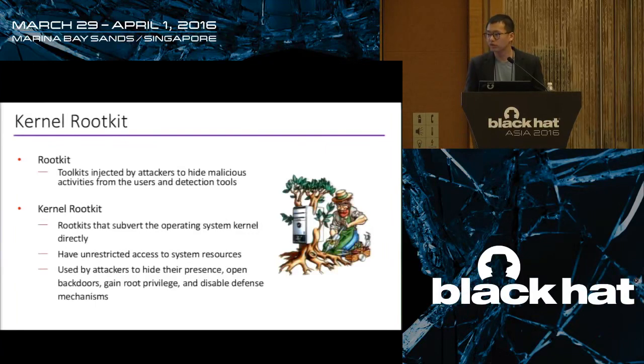The reason is that it directly affects the operating system kernel, so sometimes it can have unrestricted access to system resources. Since you can do that, you can use it to hide its presence, open backdoors, gain root privileges, or disable defense mechanisms.